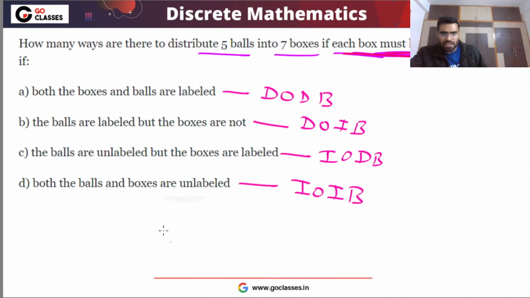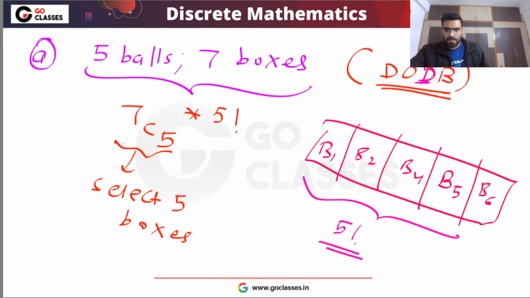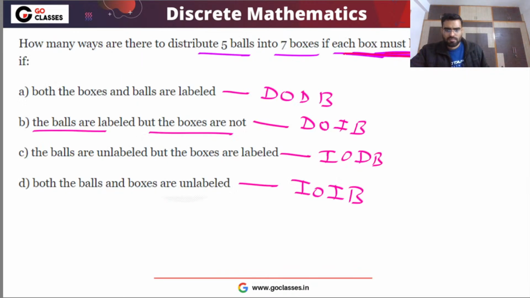Now tell me the answer for option B. The balls are labeled, the boxes are not. Anyone? In this situation, what will happen?